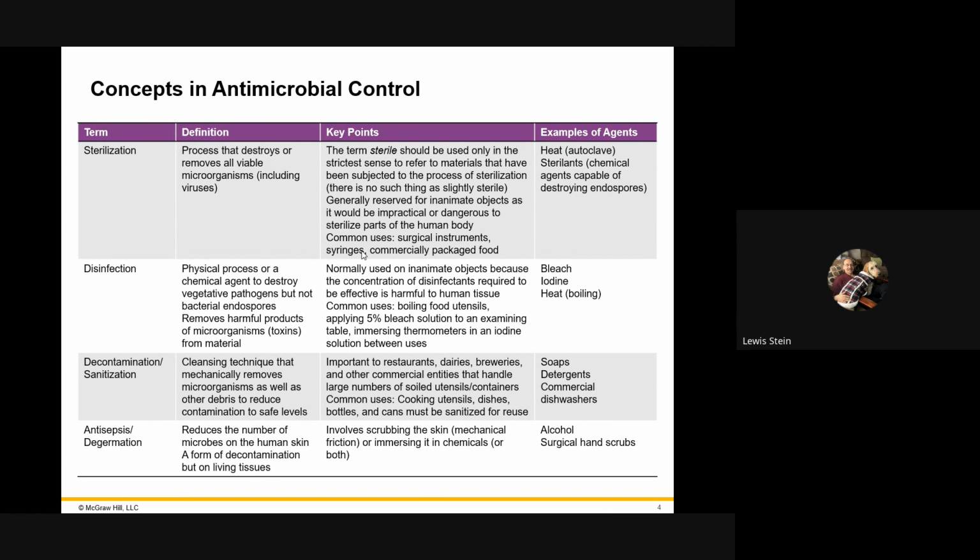That's code for we're being looked at. Those surveyors or inspectors can pull any chart at random at any time, any log about sterilization, any log about narcotics, and check it thoroughly.